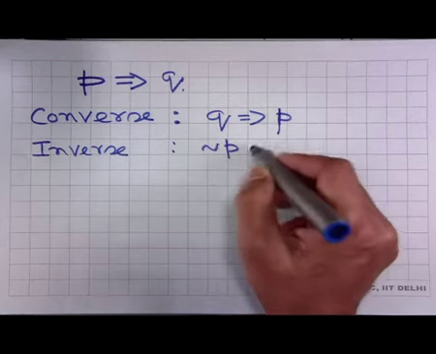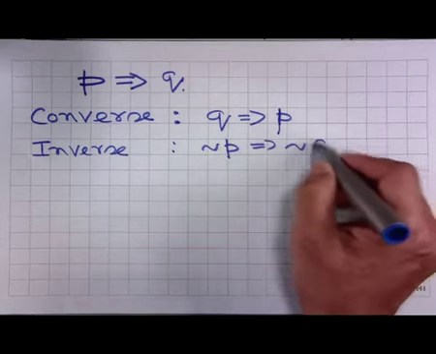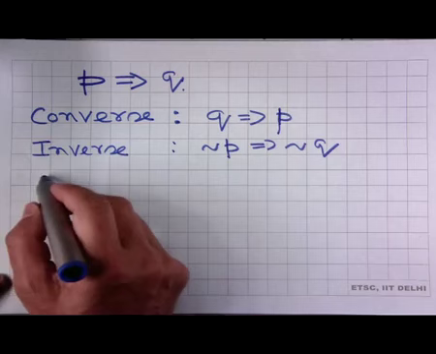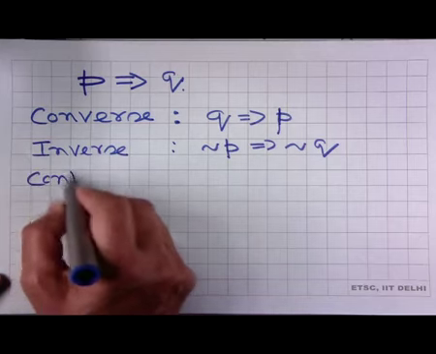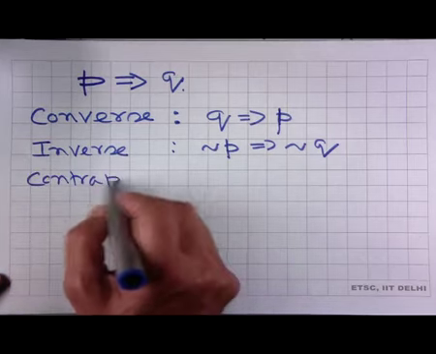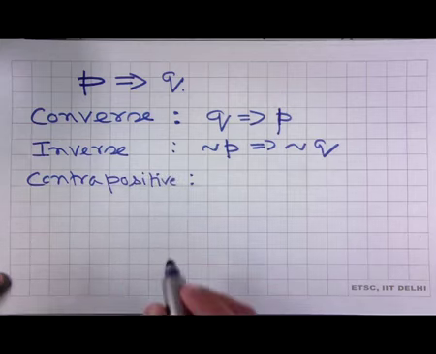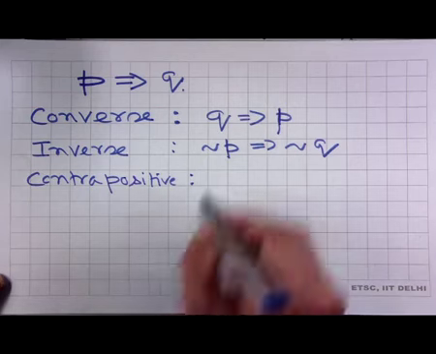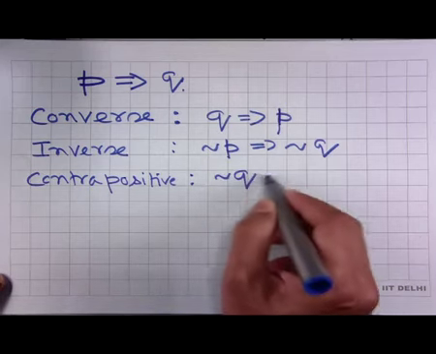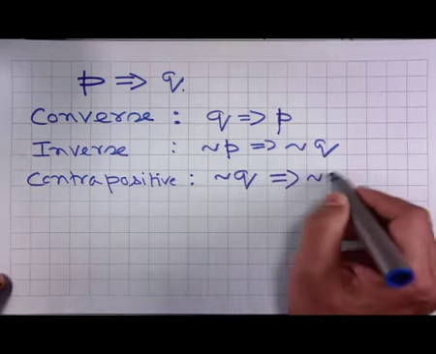Negation of P implies negation of Q, and contrapositive is negation of Q implies negation of P.